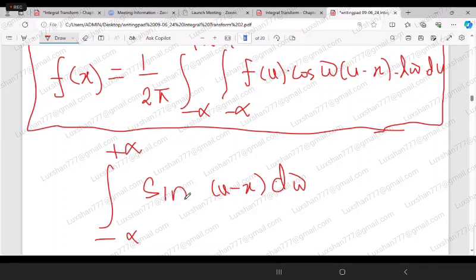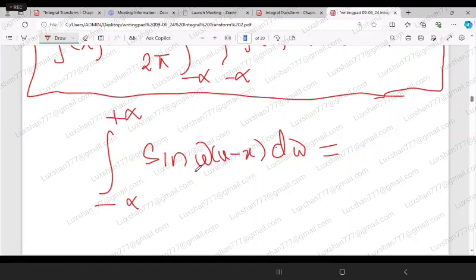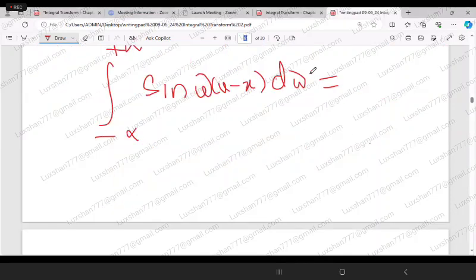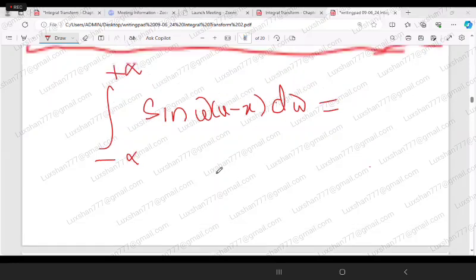What is the value of this function? Sin omega (u minus x) d omega. Can anybody tell me the answer? I'm waiting for your response. Without calculating, you should be able to tell this one.